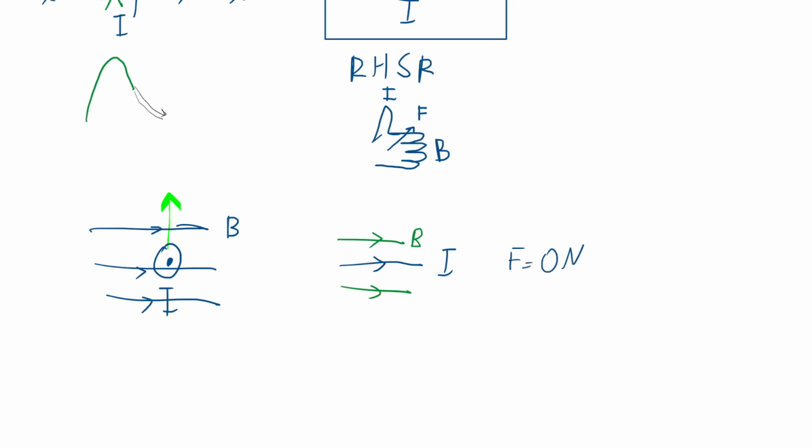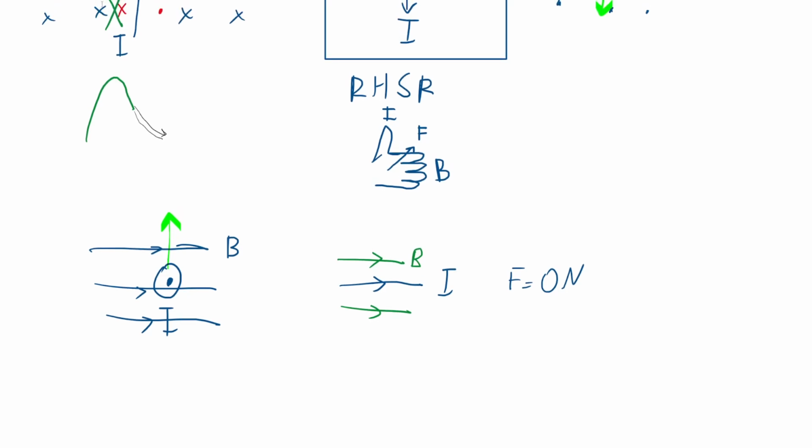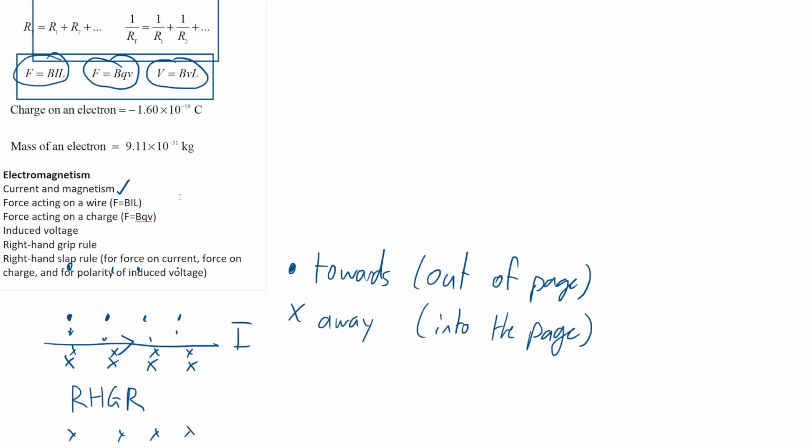Right? When current is parallel to field lines, there is no force. There is a maximum force when they are perpendicular, which is, I guess, typical of a level 2 question. So that is the right hand slap rule and force acting on a wire.